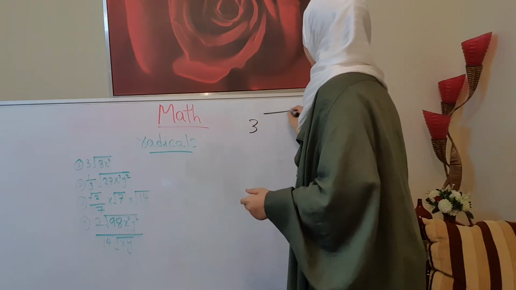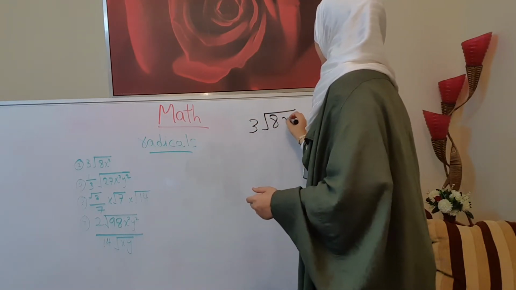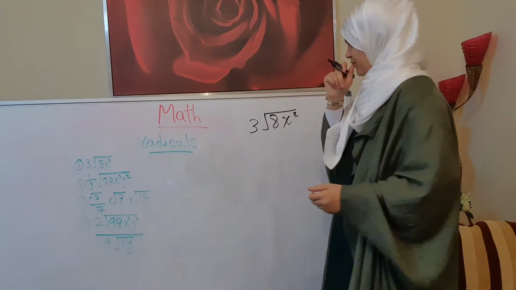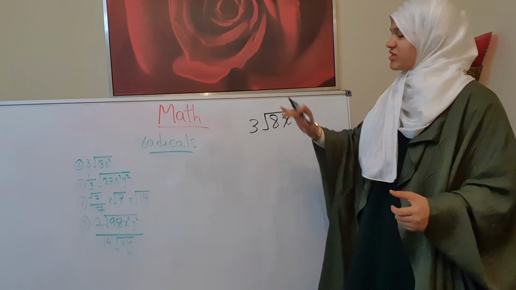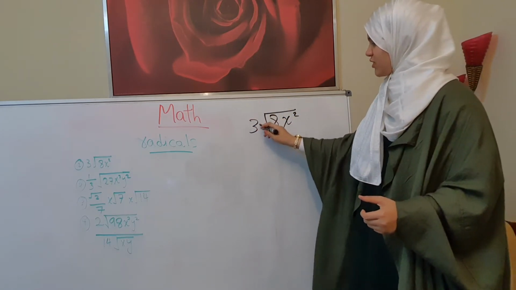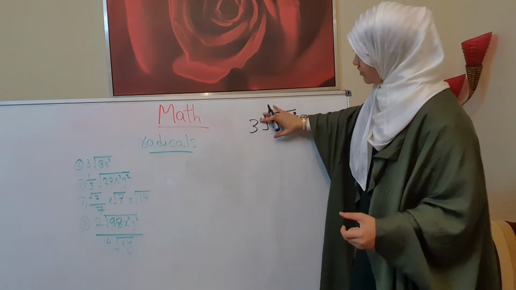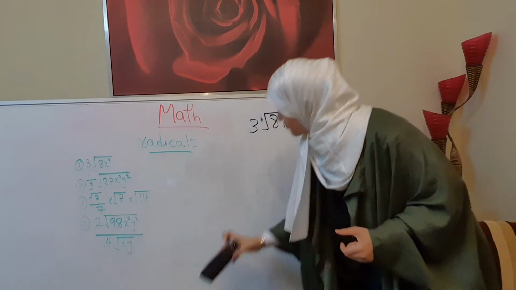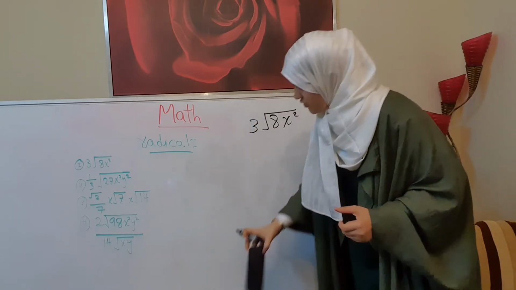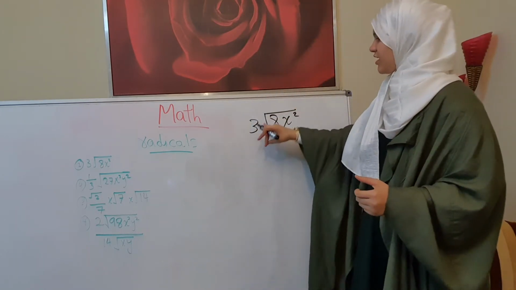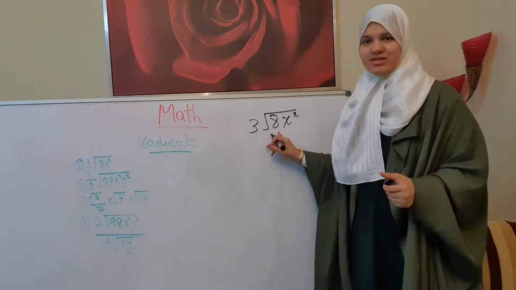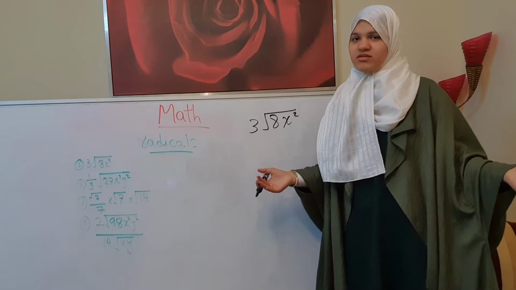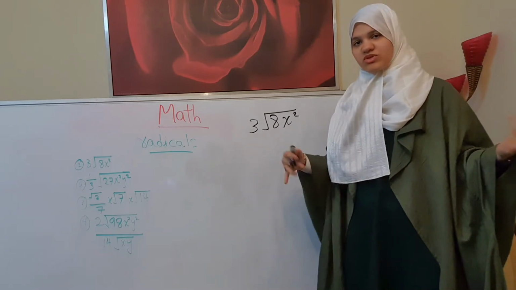3 radical 8x squared. First thing, now 3 is not inside the index. What is now inside the index is square root. That means there is 2, but we will not write 2. Okay, so now 3 radical 8x squared. We know that 8 is a non-perfect square, so what will we do?